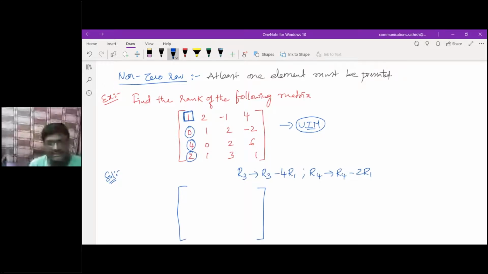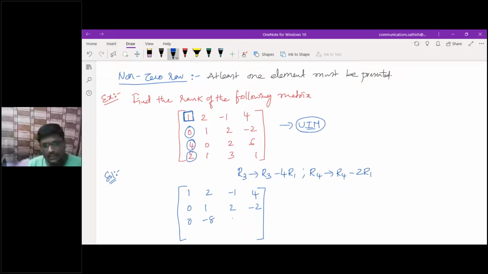I'm not changing the first two rows, only the last two rows. So I'll have here 1, 2, minus 1, 4; 0, 1, 2, minus 2. Then R3 minus 4 times R1: this will become 0, then 0 minus 8. Am I correct or wrong? You'll have minus 8.